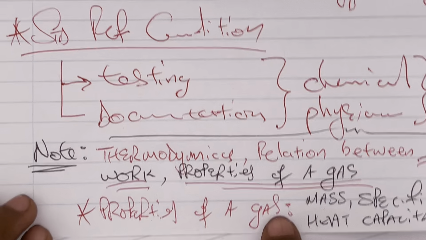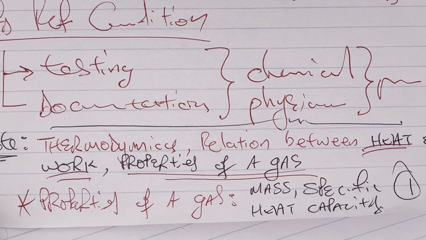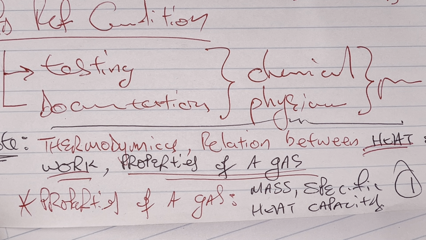Now, as a side note, when we are talking about thermodynamics, whatever that is, fancy word, big word, right? Thermodynamics is a description through which we are linking 3 things.